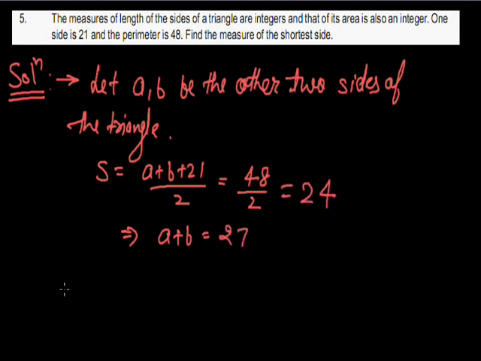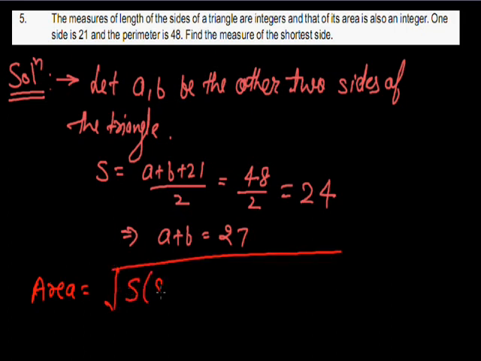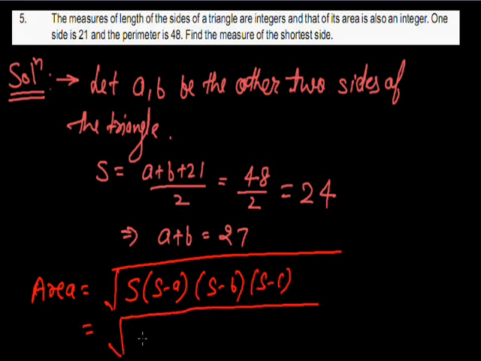Now by Heron's formula, we can calculate area by using the formula: area is equal to square root of s into (s minus a) into (s minus b) into (s minus c). So the value of area may be given as s, that is 24, times (24 minus a), times (24 minus b).